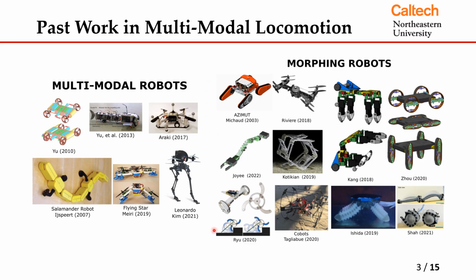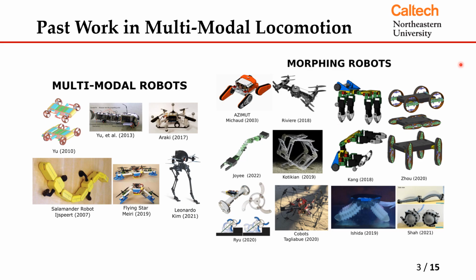There are also other morphing robots, but most of them augment their existing mode of locomotion, such as over here, where the robot has a quad rotor that's capable of rotating its propellers around. It's still an aerial locomotion, but with this morphing capability, it's capable of performing some more complex maneuvers.